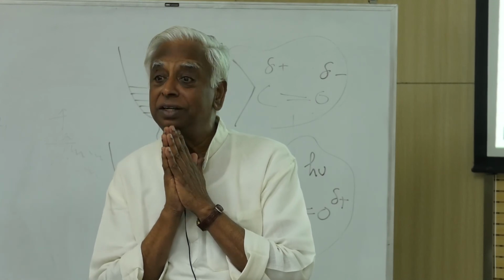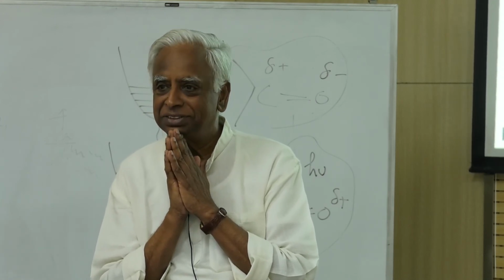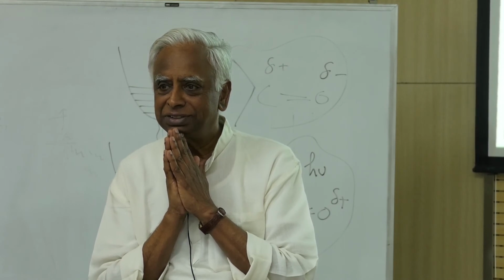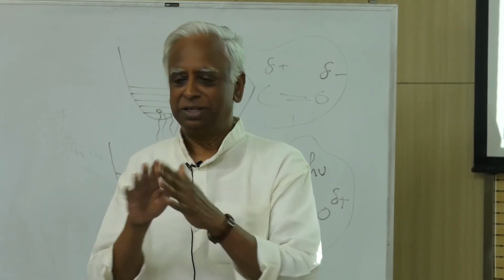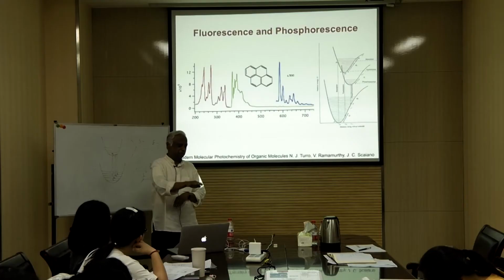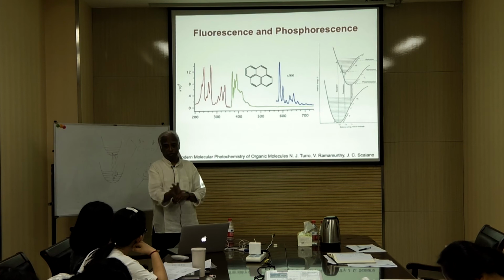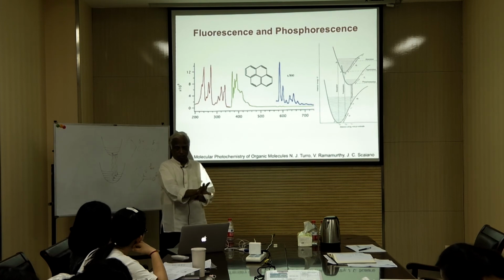Okay. So when you have two emissions, the emission that is at a higher energy is the fluorescence. The emission at a longer wavelength is the phosphorescence.